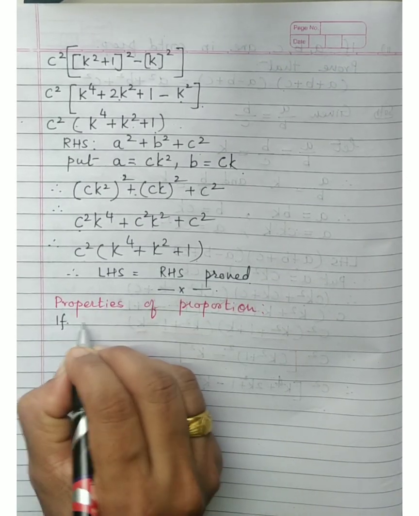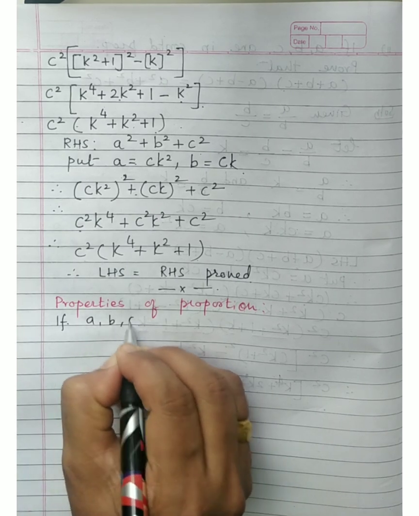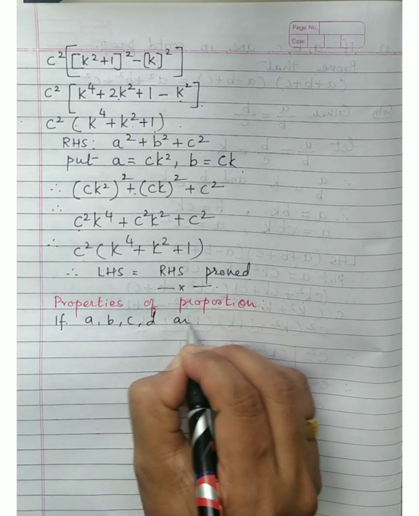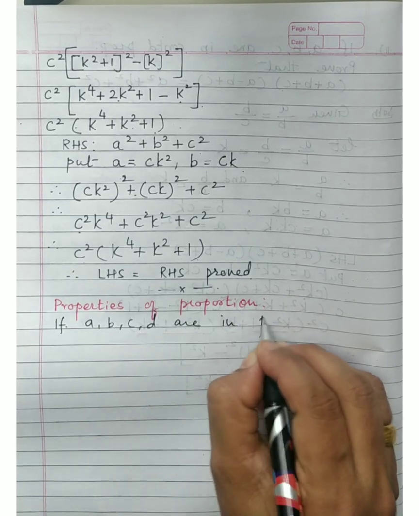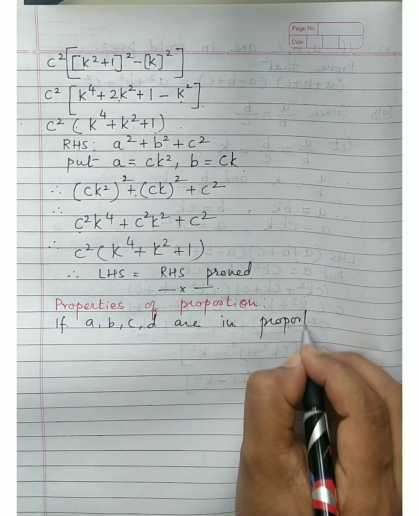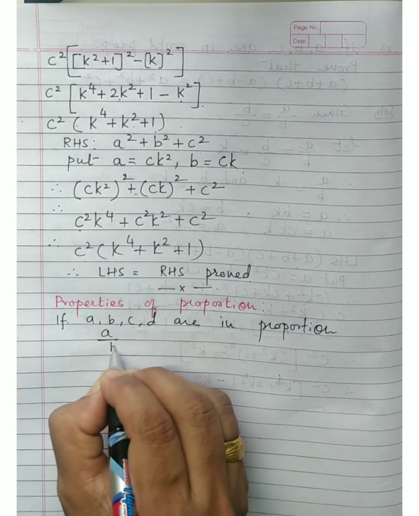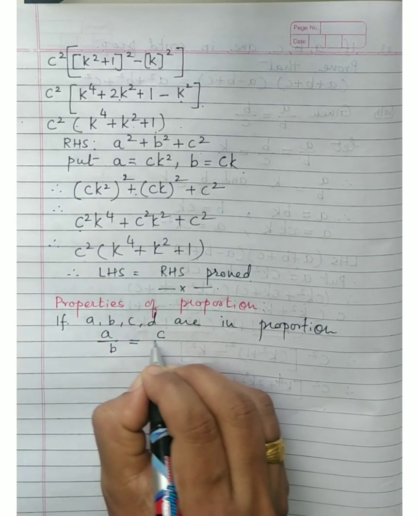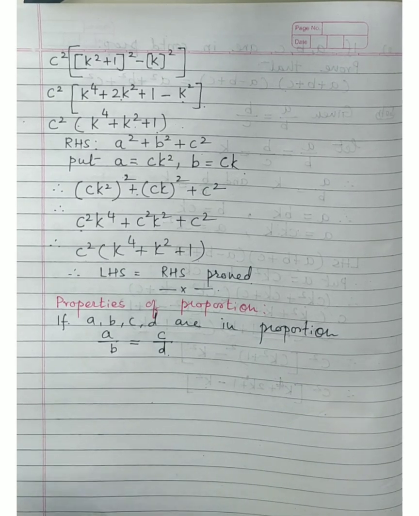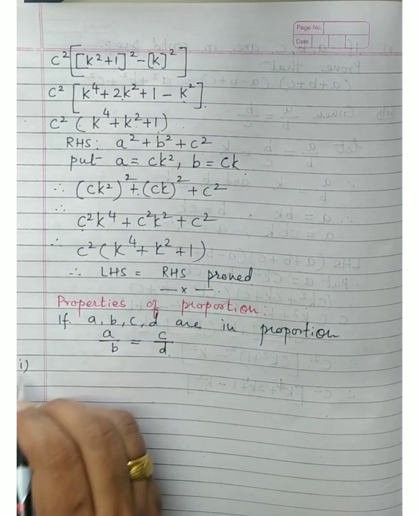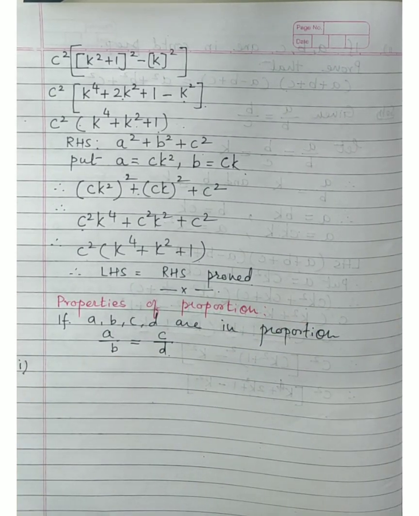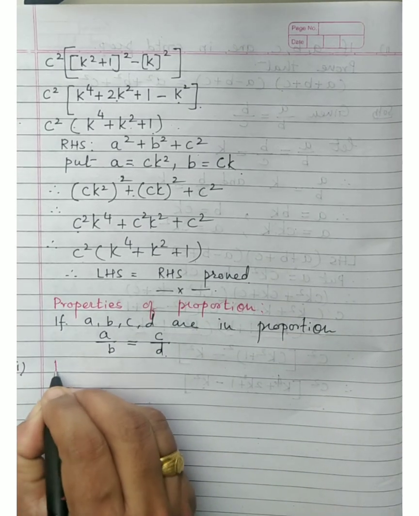So if a, b, c, d are in proportion, what does it mean? a upon b is equal to c upon d. This is the general understanding we have. So there comes the first property. The name of that property is invertendo.